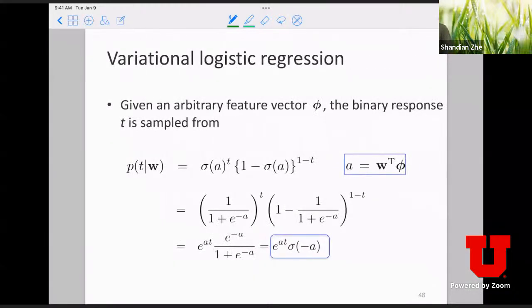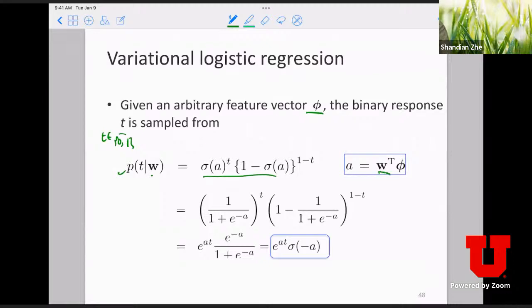So now let us look at the likelihood of a logistic regression. Suppose this is our feature vector phi, and we have a binary output t. T is either 0 or 1. Then the likelihood of t given w is this Bernoulli likelihood, and the probability of the Bernoulli is a sigmoid function of the score.